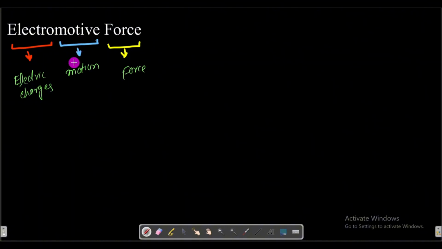So from this we can define electromotive force as the force exerted on electrical charges in order to move them in a circuit. That force is called electromotive force, and the device which is used to exert force on these electrical charges in order to move them in a circuit is called the source of electromotive force.